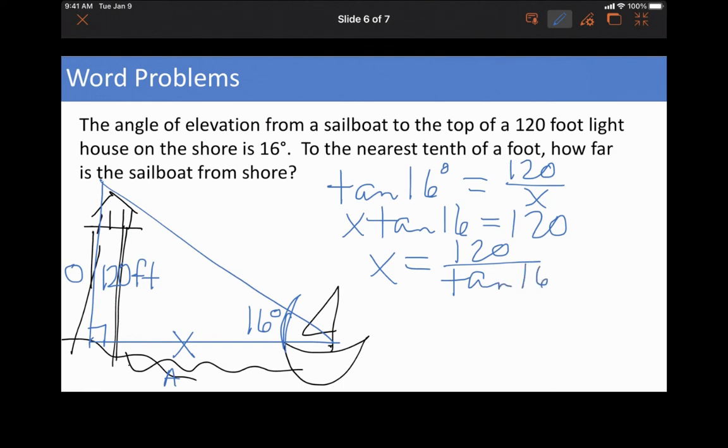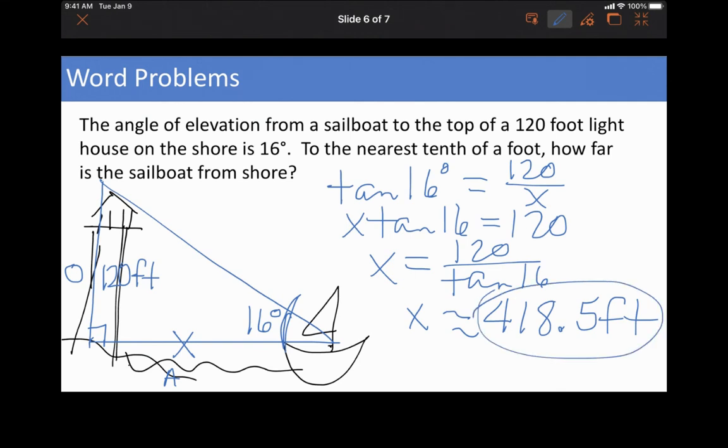Okay. So I have 120 divided by tangent 16. So we're rounding to the tenth of a foot at 418.5 feet.